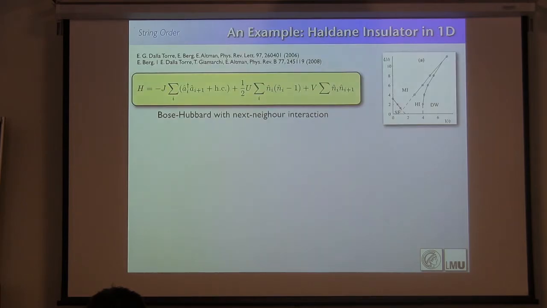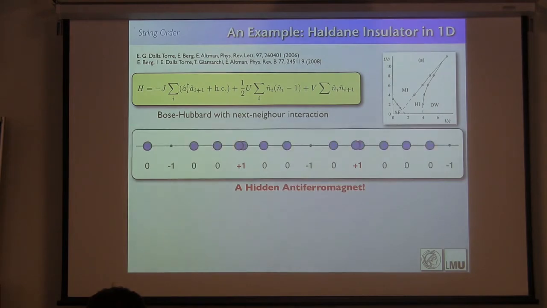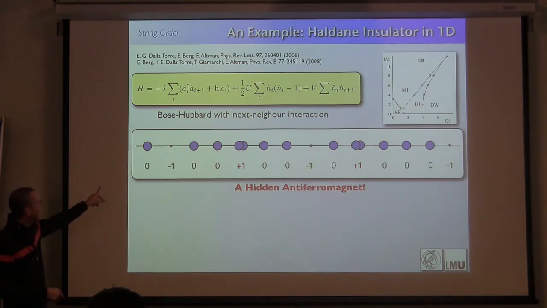Okay, so now, the Haldane insulator, which Thierry already mentioned yesterday for a spin-1 chain, which you could actually realize in an effective way with long-range interactions with bosons. For a spin-1 chain, you have precisely the same situation, where the spin-1 Haldane chain would show this type of order. Now we have a spin-1 chain. Let's imagine we have 3 Sz components, 0, -1, and +1.